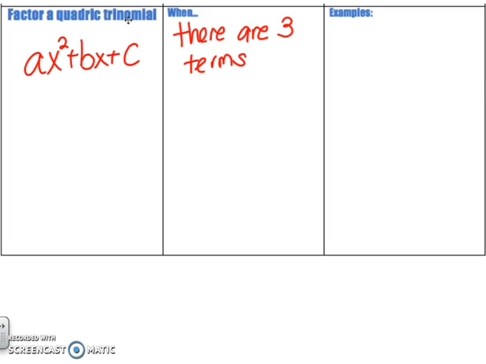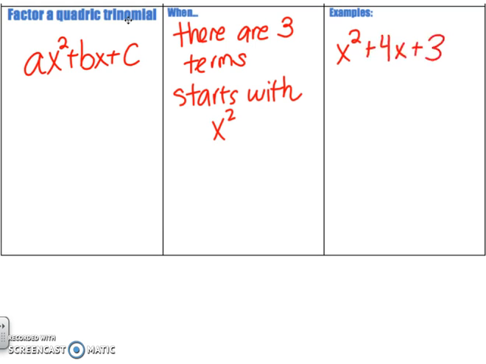Okay? And it starts with an x squared. Again, it could be a squared or b squared or whatever, but it's going to start with the squared, okay? So some examples of that, we've seen x squared plus 4x plus 3, okay? Remember, that's a shortcut example because my a is a 1.